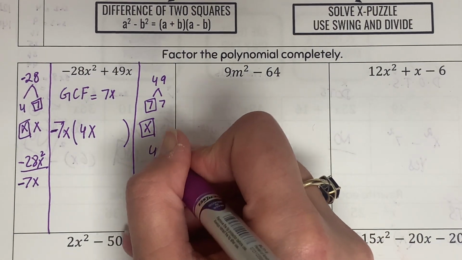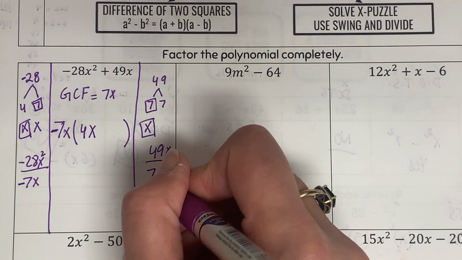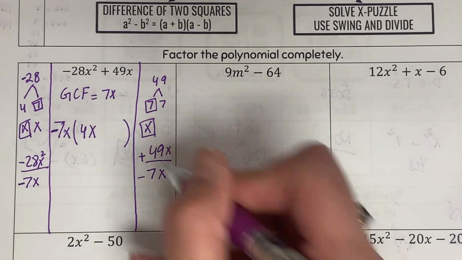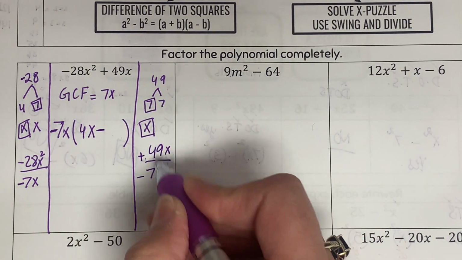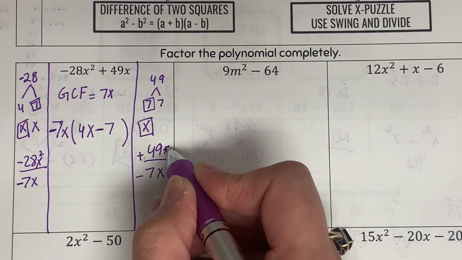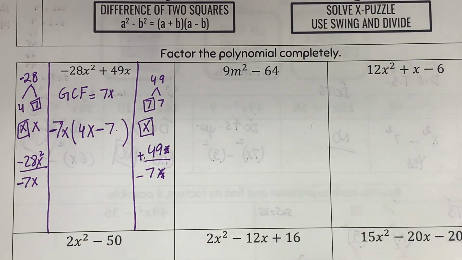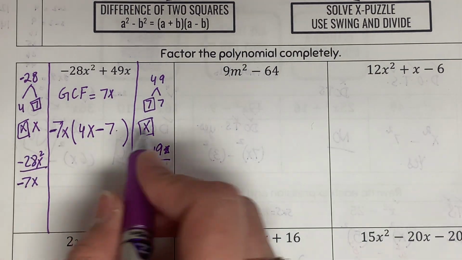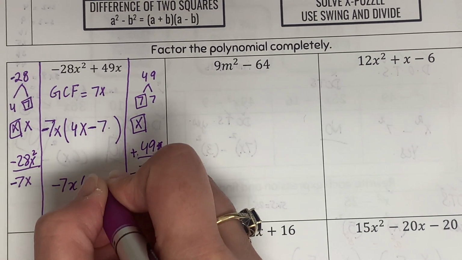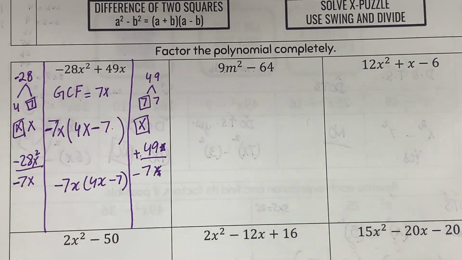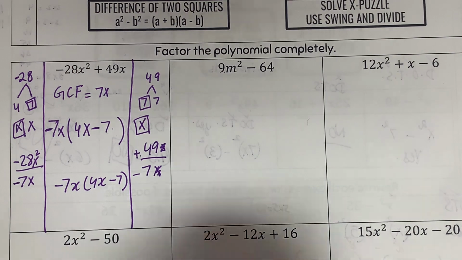Then I have 49x to divide by negative 7x. It's a positive here, so plus divided by minus is a minus. 49 divided by 7 is 7. X cancels x, so that's it. I'm done. So this is the factored form: negative 7x times 4x minus 7. This is my answer.